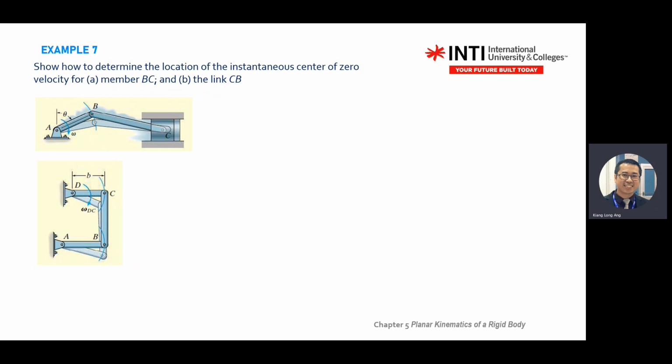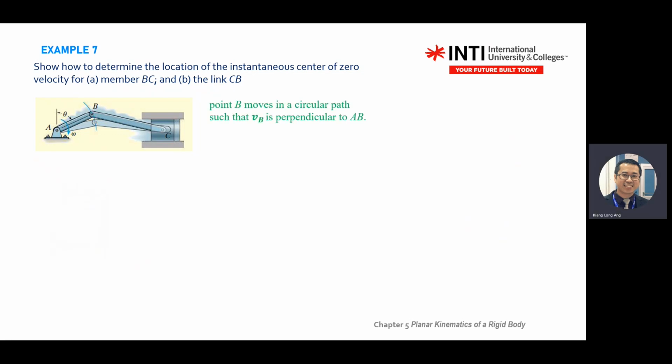You have 2 cases there. If you rotate point B, C will move in a linear translation. Translation has 2 kinds: one is linear, one is like a wiper, circular translation. So A to B is a circular translation, but BC, C here, is a linear translation.